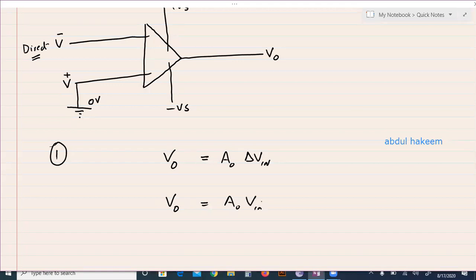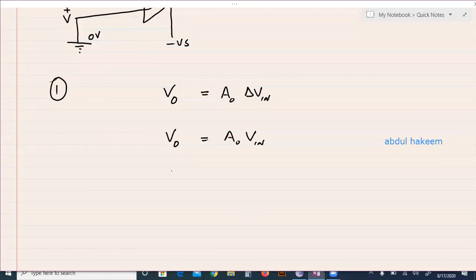The difference of the input means just the input, because something minus 0 becomes the same number. So output voltage divided by input voltage is A naught, and this A naught is called gain, also known as open loop gain.